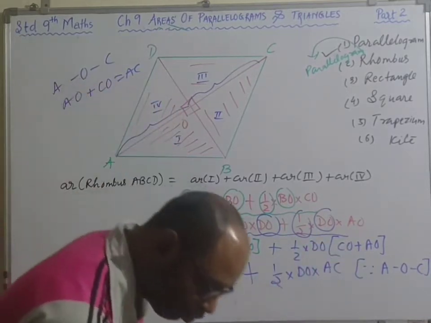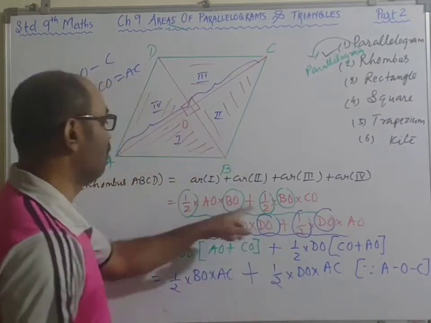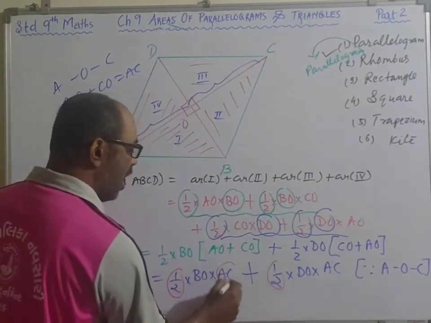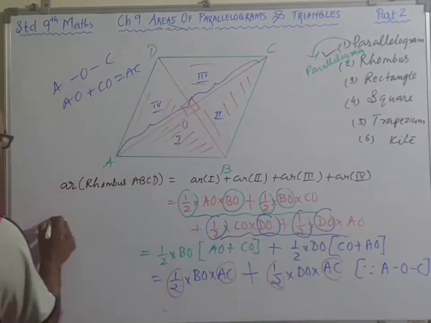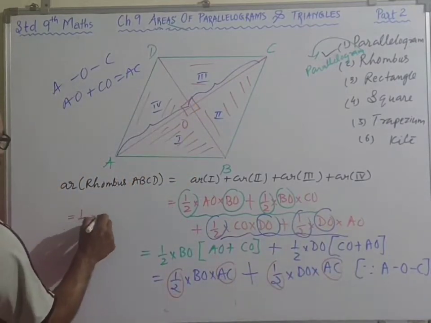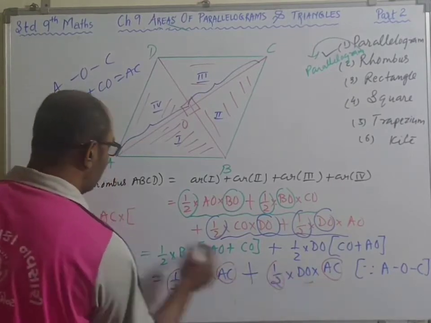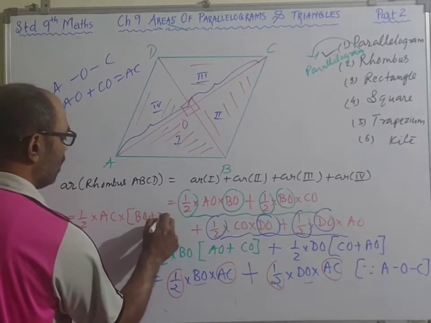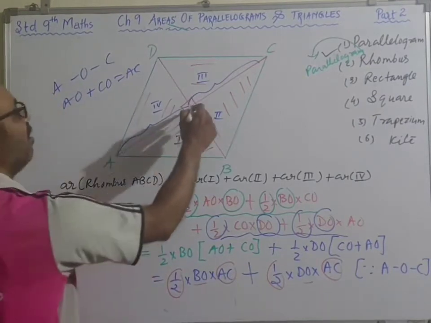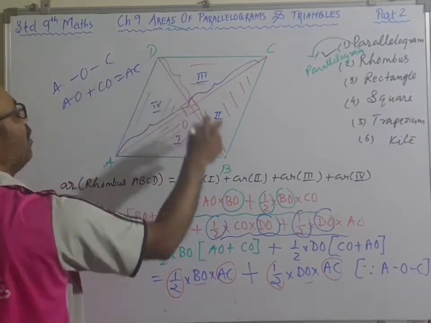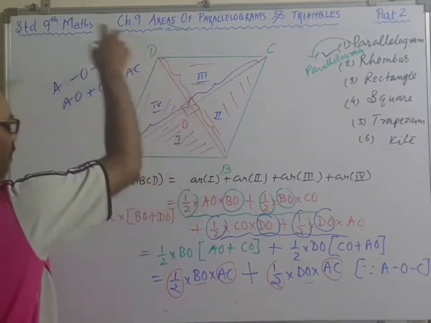Now children, four terms are converted into two terms, and in these two terms half and AC is common. So that is half into AC into bracket, what is left? BO plus DO. Look in the figure. BO this part, DO this part. BO plus DO, that will be BD.